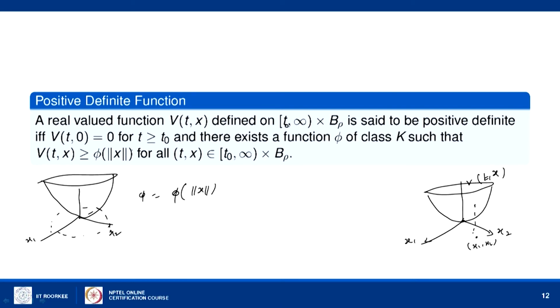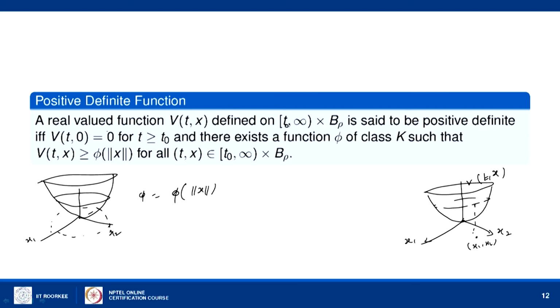So, the function of class k, if you draw the surface, we will get in this particular form, where the level curves are simply circles always. Here, if you take level curves, they may not be circles, they may be ellipses or any kind of closed curve available for the surface v, but here it will always be a circle.